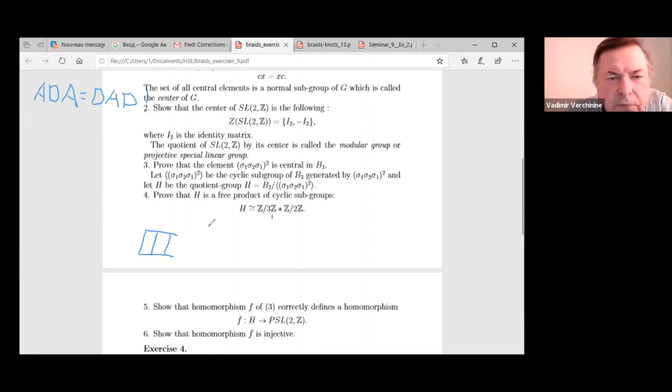So, okay, let us try to do this. Okay. This is sigma 1. This is sigma 2. And this is again sigma 1, right?